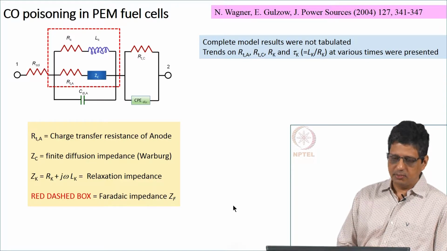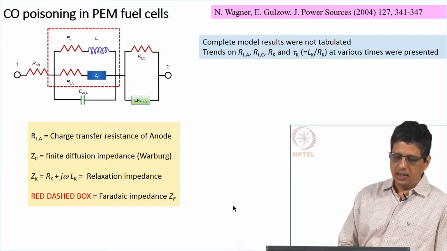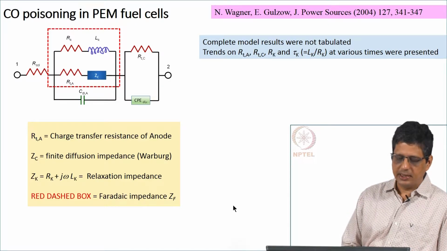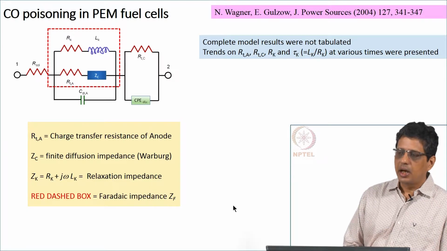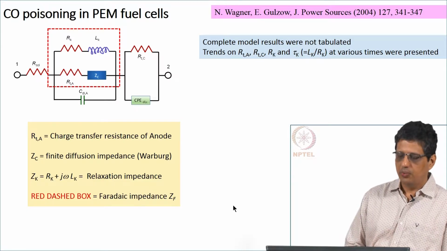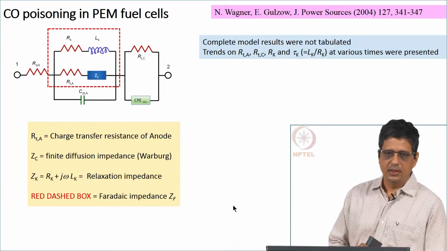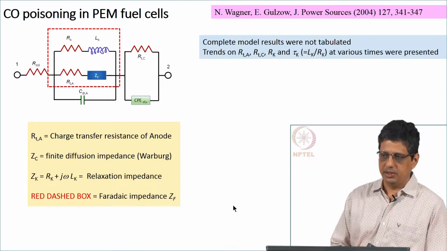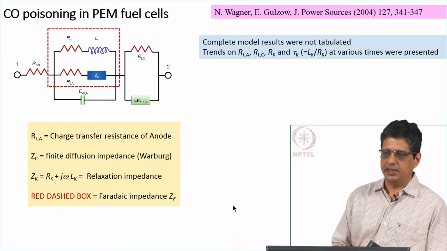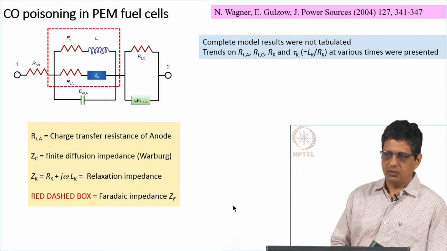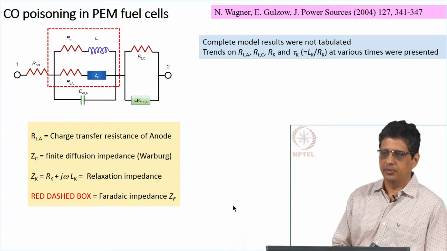On the anode side, it is modeled with a Maxwell element and a finite Warburg impedance or bounded Warburg impedance is added to that. Okay. Ideally, what would we want to do? First of all, the oxygen reduction reaction, that is not a simple electron transfer reaction, it goes through multiple steps. So, it is a fairly complex reaction. On the anode side, we have two reactions, one is hydrogen oxidation and another is carbon monoxide oxidation.